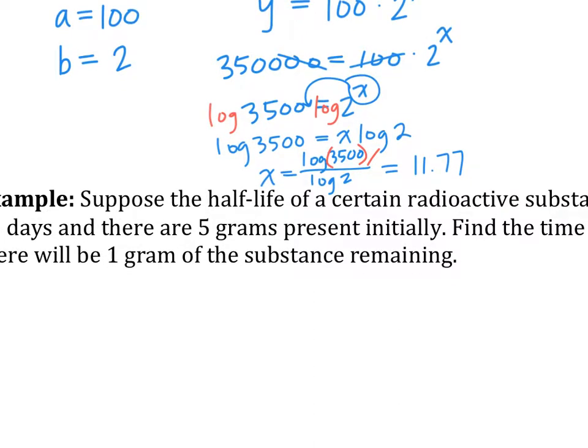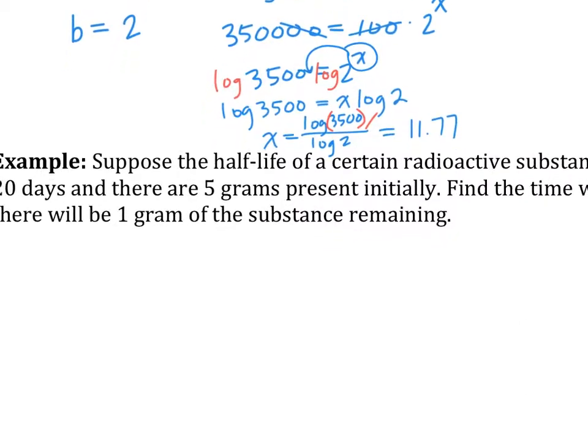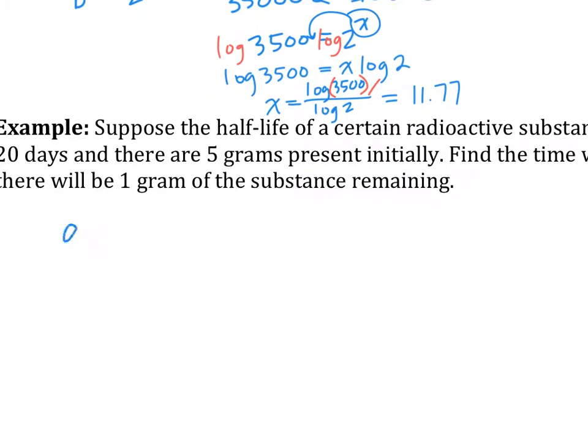All right, last one. Suppose the half-life of a certain radioactive substance is 20 days, and there are 5 grams present initially. Find a time when there will be 1 gram of substance remaining. A is 5.